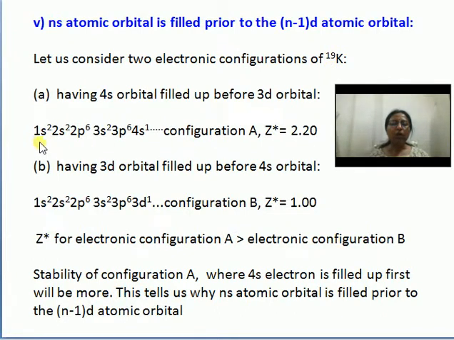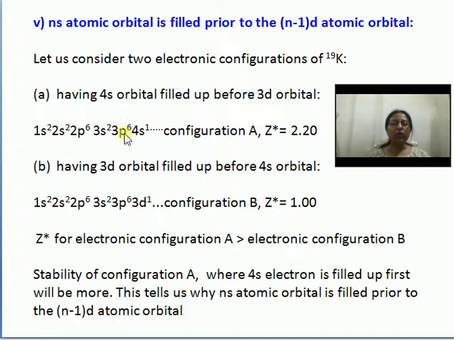In one we show that the last electron enters the 4s orbital, and this we term configuration A. The other configuration puts the last electron in the 3d orbital, and we term this configuration B.